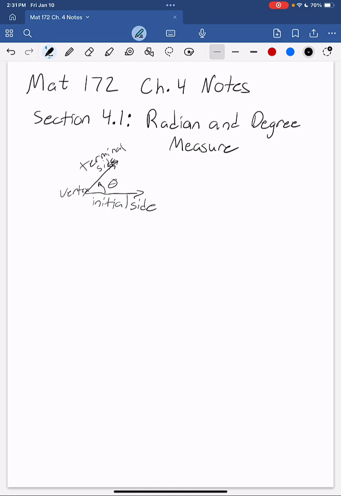Okay, all right, so I know that doesn't look the best in my drawing, but I'll explain further in just a second. So the starting position is the initial side, so it's kind of where we started at.